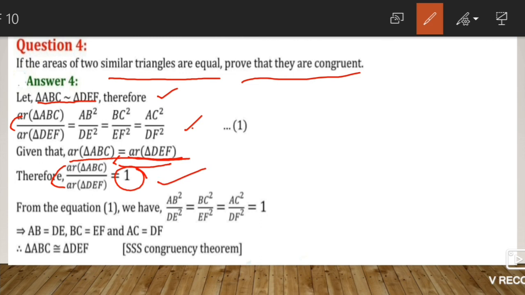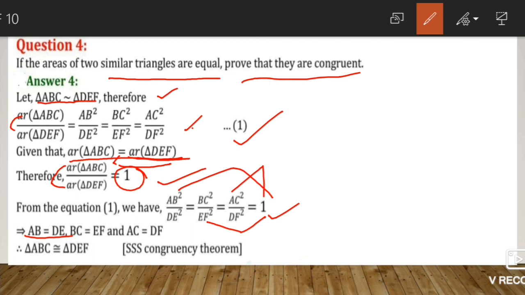That means from equation number 1, AB by DE whole square is equal to BC by EF whole square is equal to AC by DF whole square is equal to 1. AB square by DE square equal to 1 means AB square is equal to DE square, that means AB is equal to DE. Similarly, you will get BC is equal to EF, and AC is equal to DF.